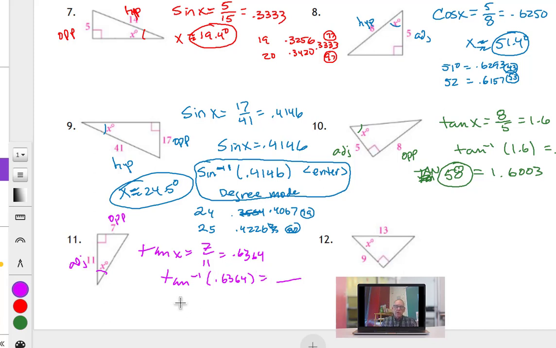So I would guess that x is about 32.5 degrees.